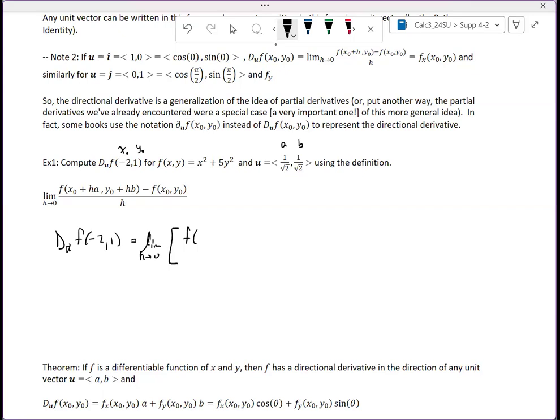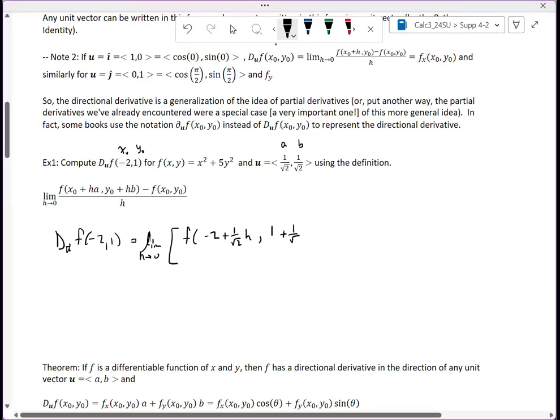I'll note that just so I don't get them backwards. -2 plus (1/√2)h for my first argument, and for my second argument, 1 plus (1/√2)h. So that's f of x naught plus ha, comma y naught plus hb, and then minus f of x naught, y naught, which is -2, comma 1, all over h.